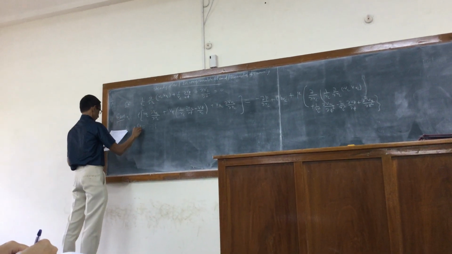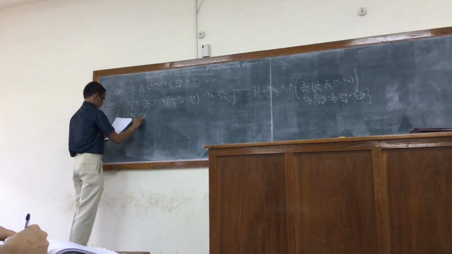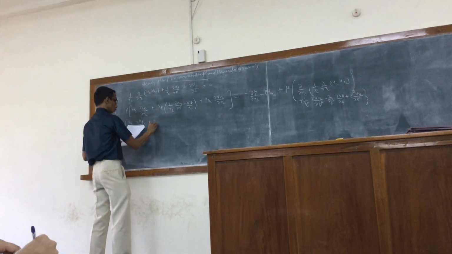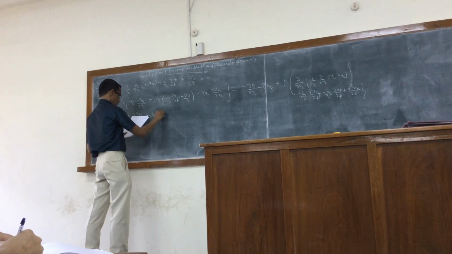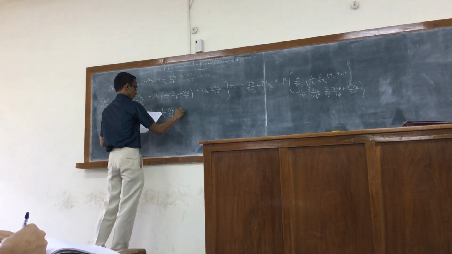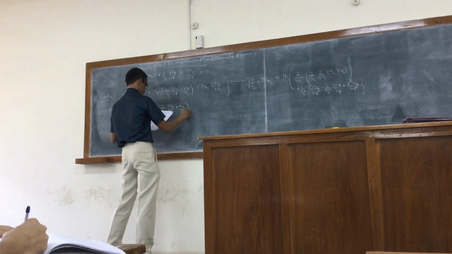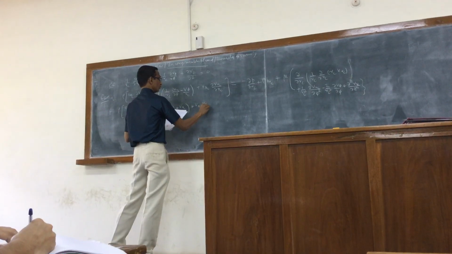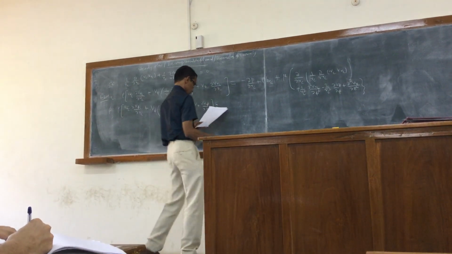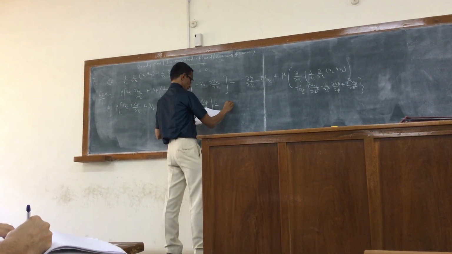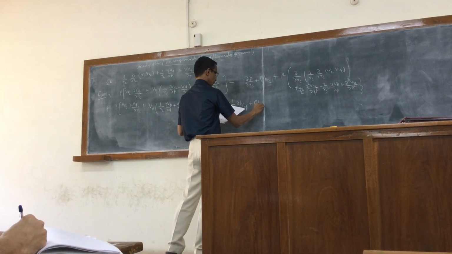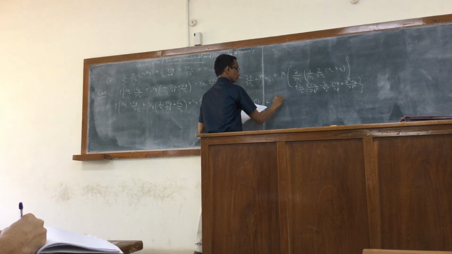The phi component. This would be VRC dV phi by dRC plus V phi times 1 over RC dV phi by d phi plus VRC V phi by RC plus VZ dV phi by dZ is equal to minus 1 over RC dP by d phi plus rho B phi plus 2 times mu again.